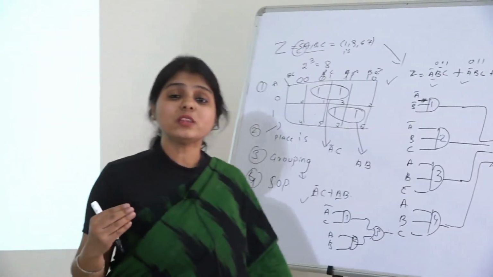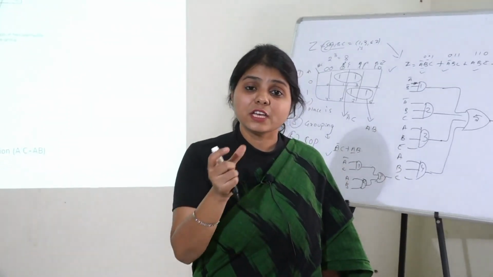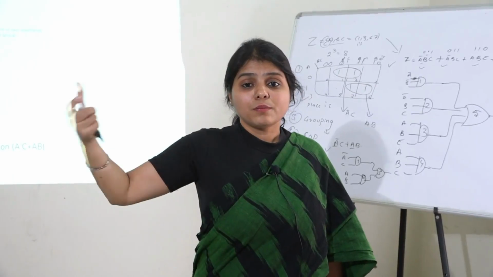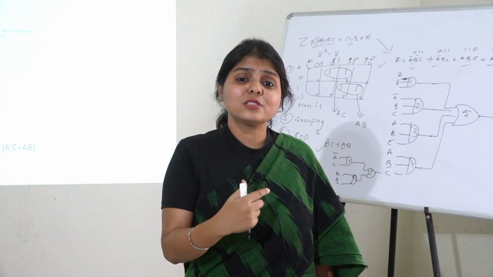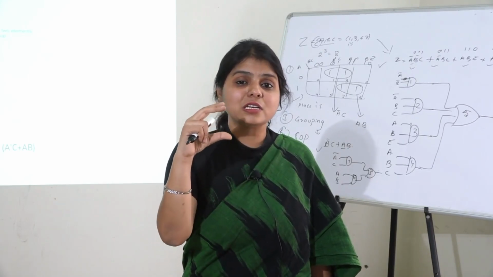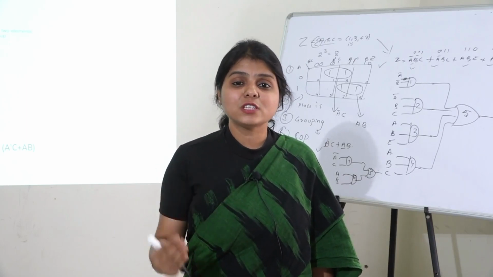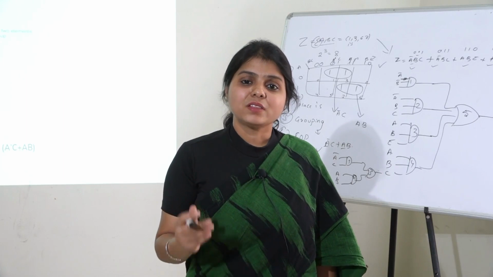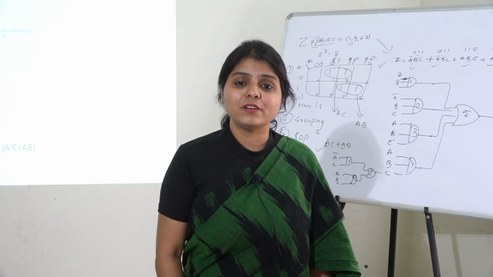Imagine when you are dealing with 5 variables, 6 variables or more variables in the given function, you may have a big expression which requires more logic gates. So when you reduce this Boolean function using K-maps, your digital logic circuit size will be reduced, with which the speed of the circuit will be improved, the number of gates, that is cost, will be reduced, and the area occupied will be reduced.